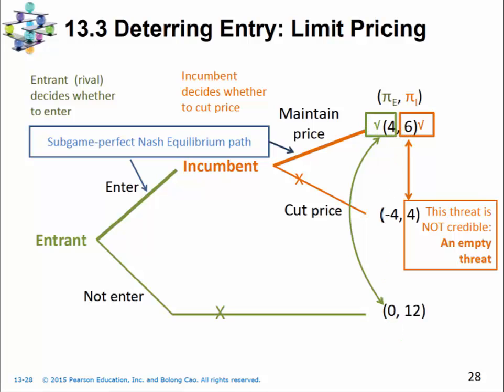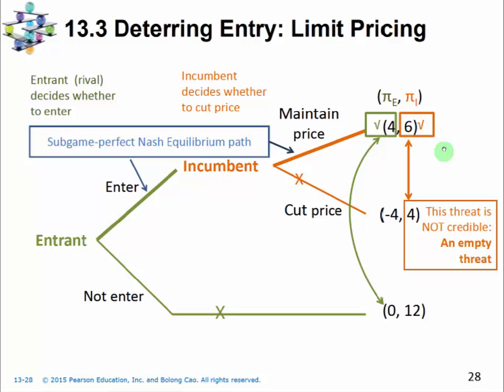So in this case, because the incumbent cannot credibly threaten to start a price war, the entrant just enters into this market and makes 4, and the incumbent, instead of making 4 by starting a price war, will choose the best response to make 6 after the entry by the rival.